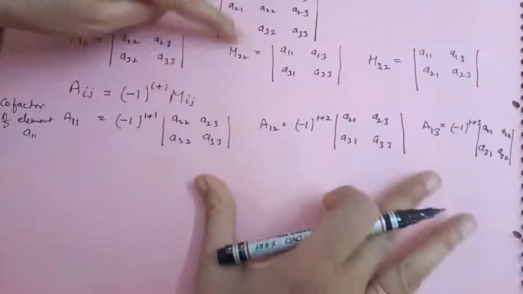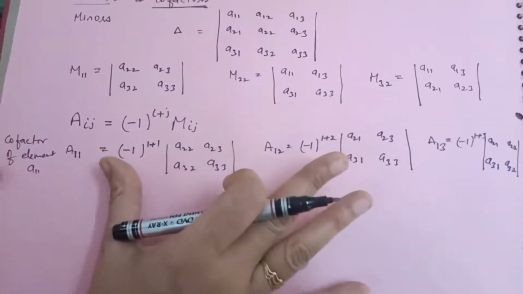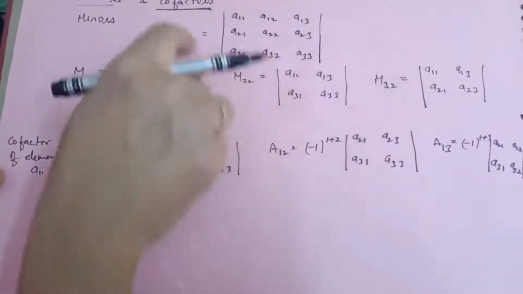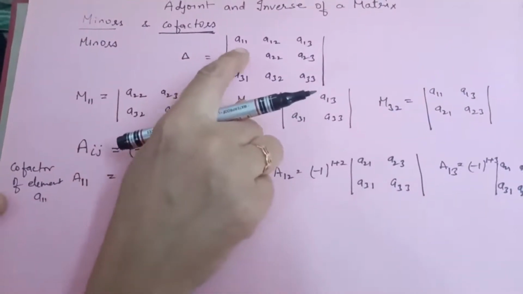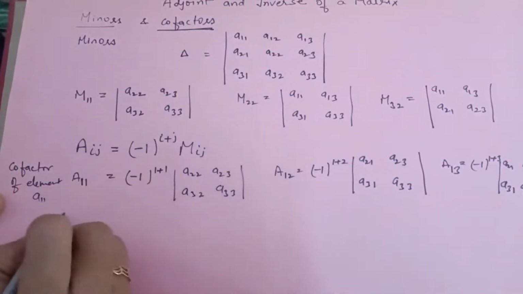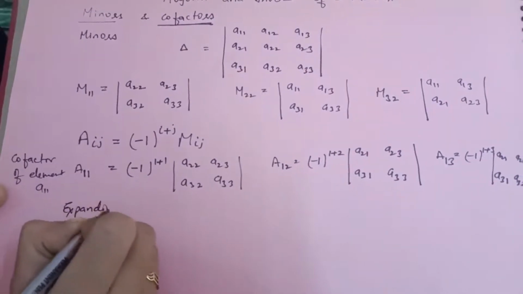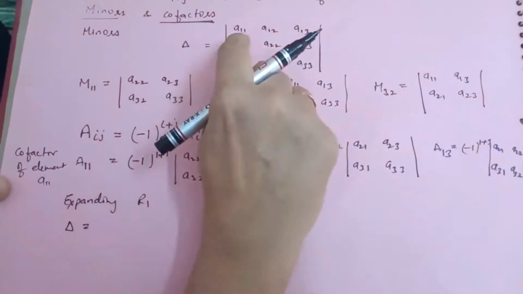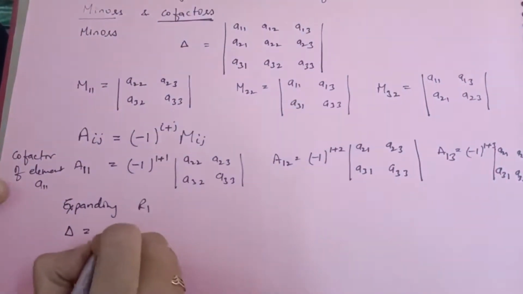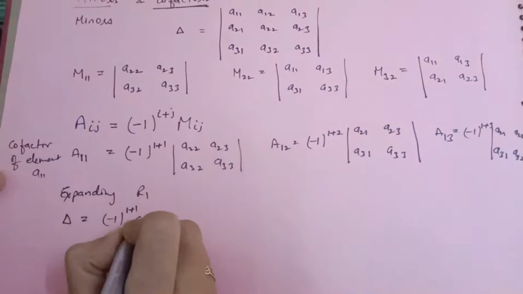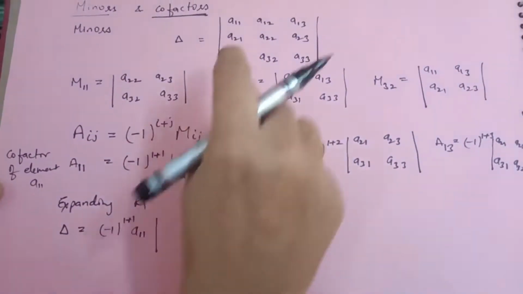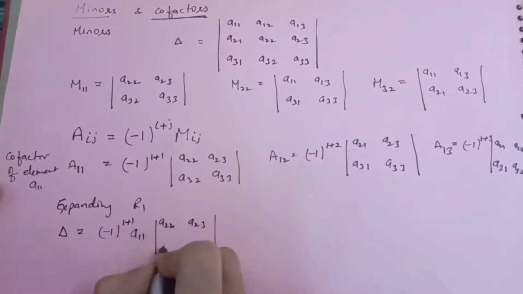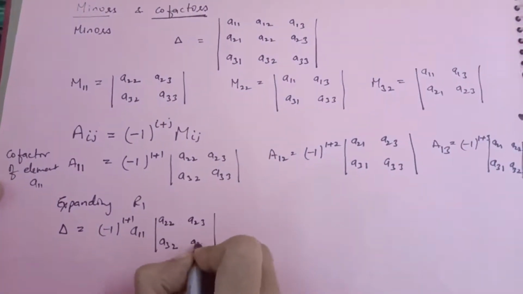From this comes a very interesting concept. Suppose I want to evaluate the value of this determinant. As I taught you in the first video, we can get it by expanding along row 1. First you take the element A11 and multiply it by (-1) to the power 1 plus 1 and the determinant A22, A23, A32, A33.